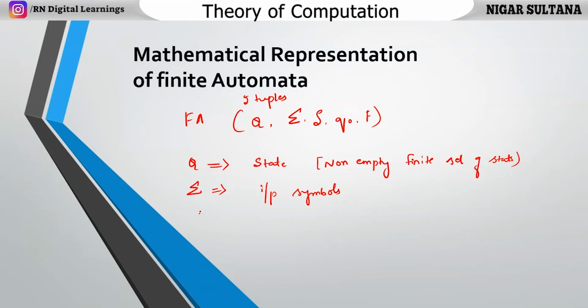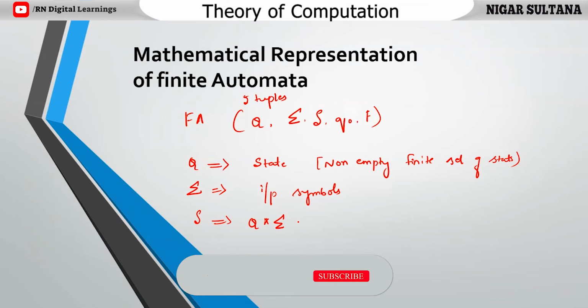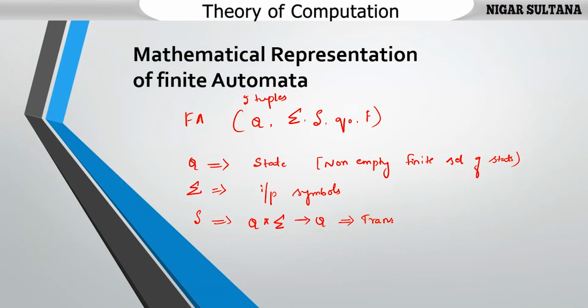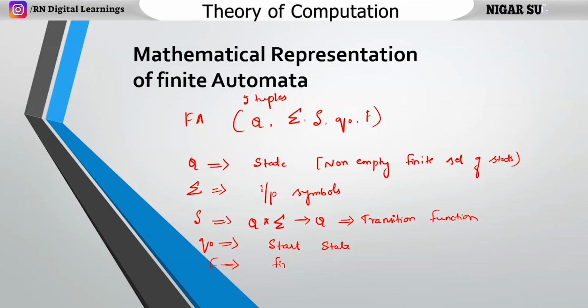Next comes the transition function. How will you represent this? Q into alphabet, which gives you Q, and this is your transition function. What is this Q naught? Q naught is your start state. F indicates your final state.